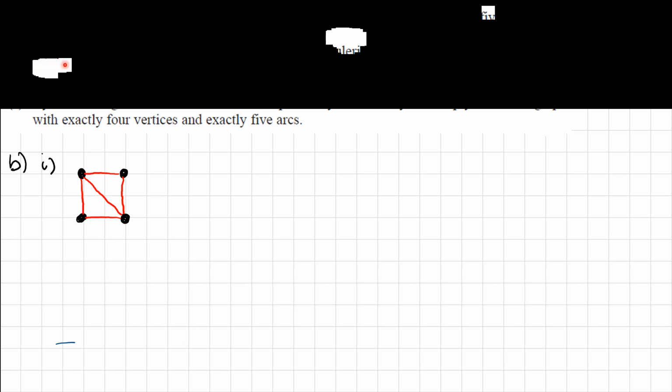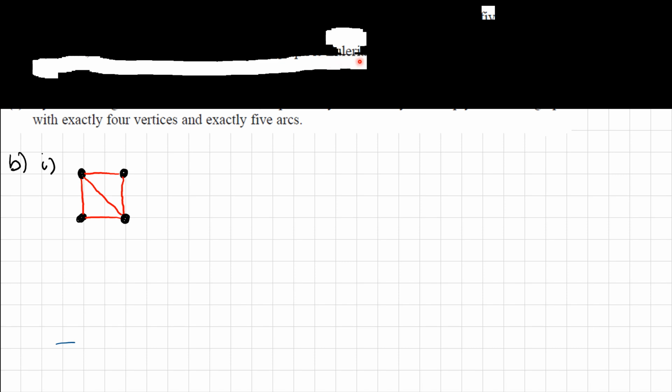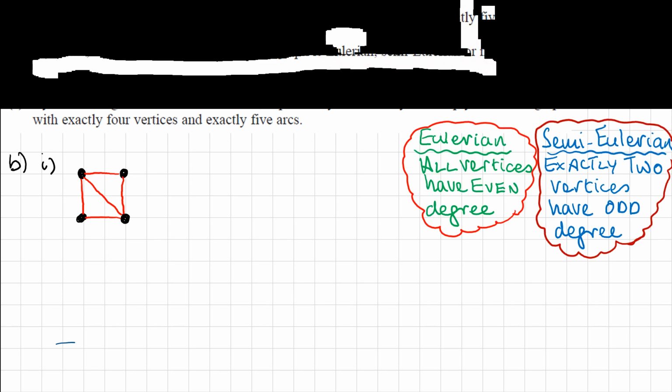Part 2 of part B, state with justification whether your graph is Eulerian, semi-Eulerian or neither. So just a reminder of definitions. A graph is Eulerian if all of the vertices have even degree, and a graph is semi-Eulerian if exactly 2 vertices have odd degree. So let's write down what the degree of these vertices are.